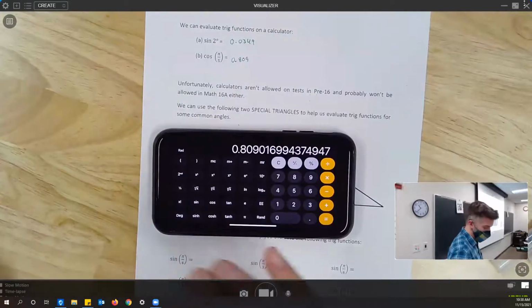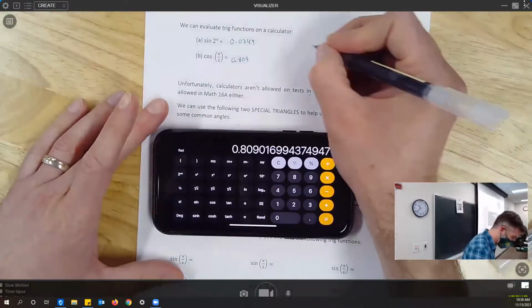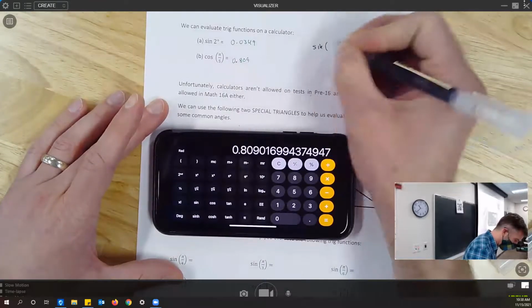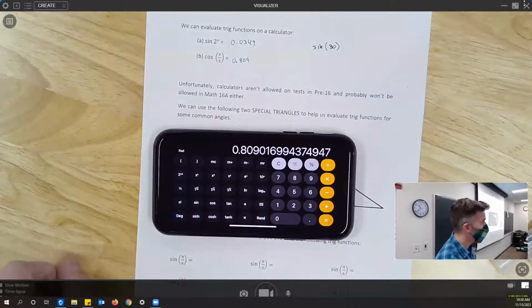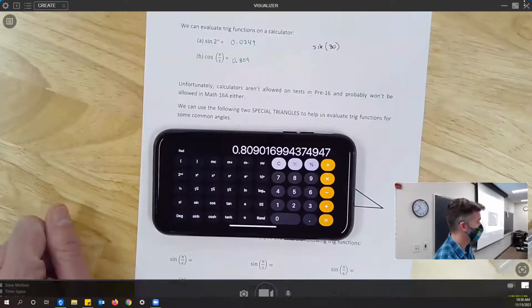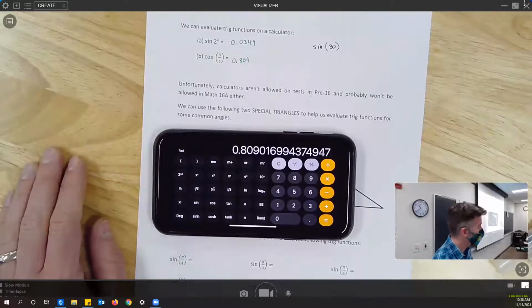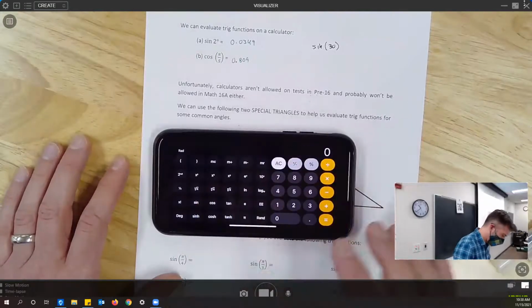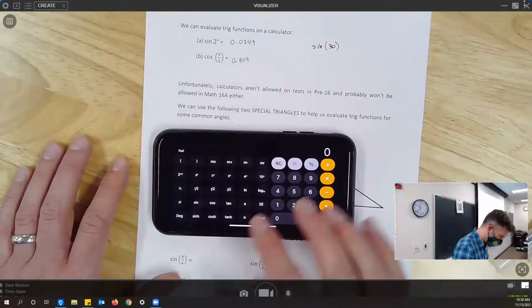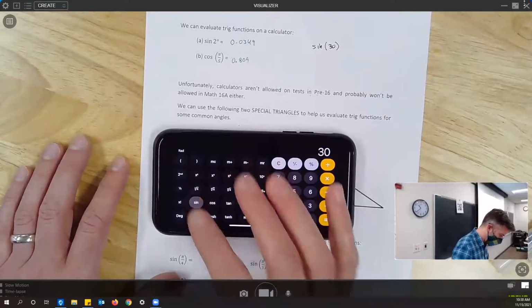Be careful, right? Someone could ask you to find sine of 30. And you might think they mean 30 degrees. But if they didn't write 30 degrees, you have to assume it's radians. So doing that in radians, sine of 30 is terrible.